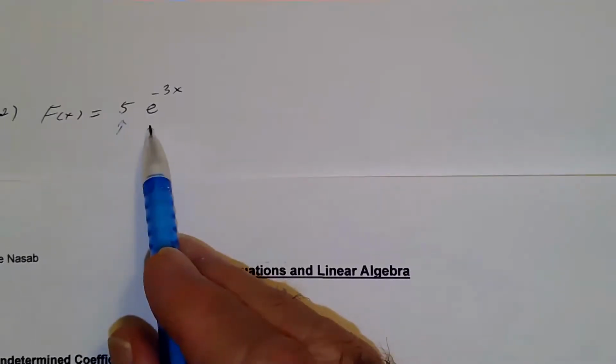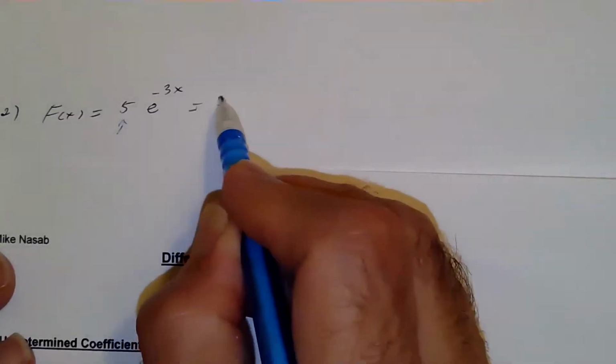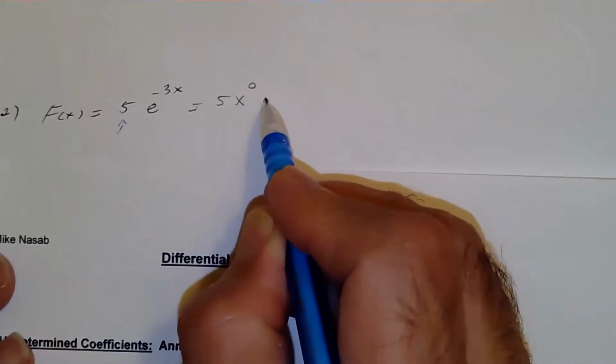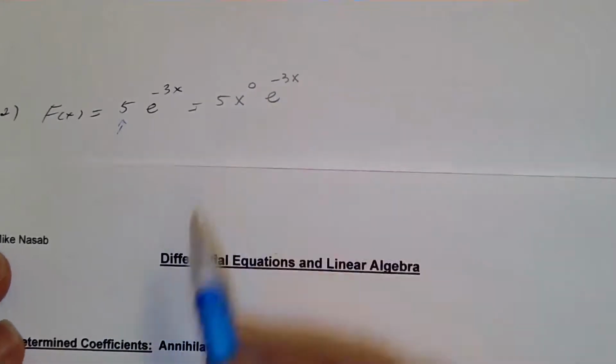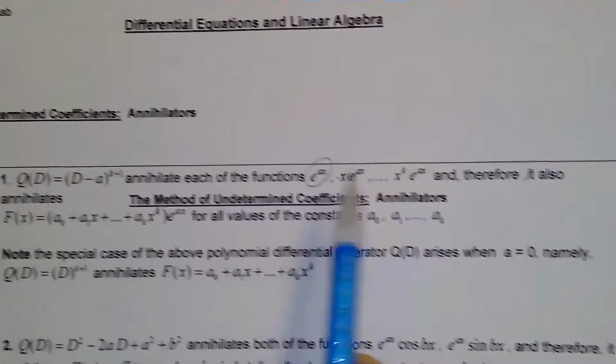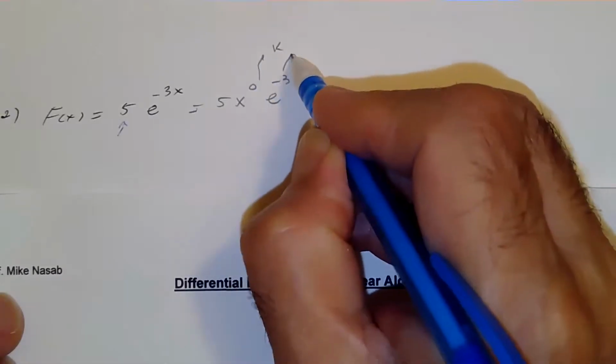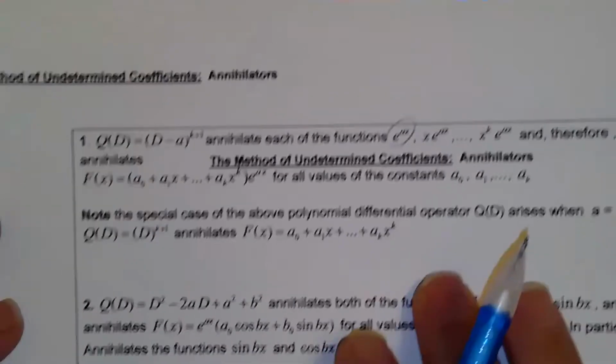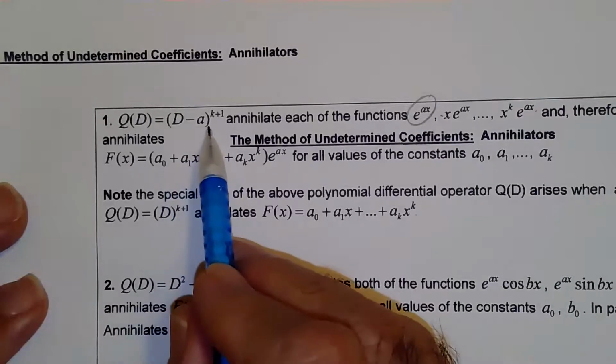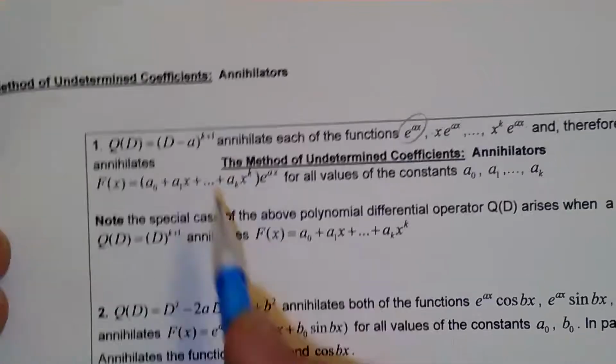I don't. So in other words, this guy is 5x to the 0 e to the negative 3x. Okay, so this guy is my k, this guy is my a. So my annihilator is (D minus a) to the power of k plus 1.